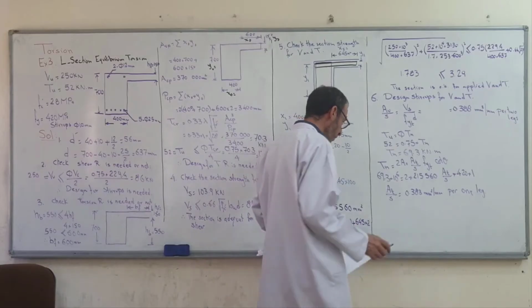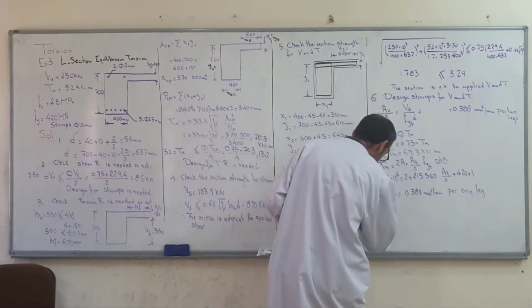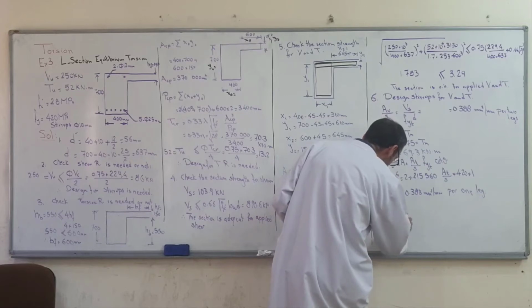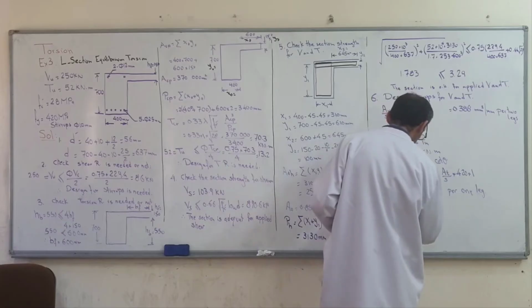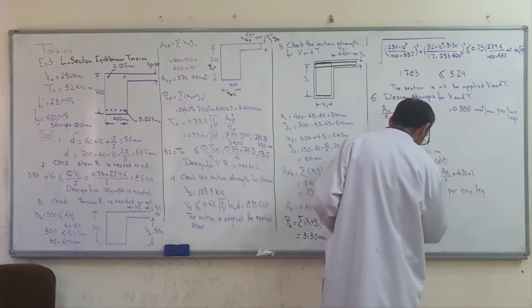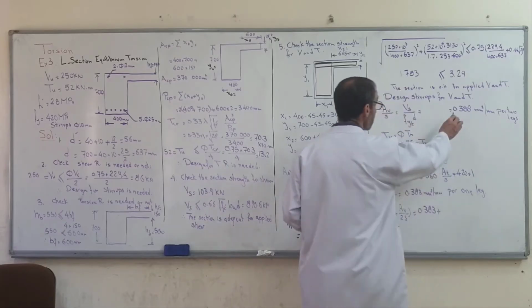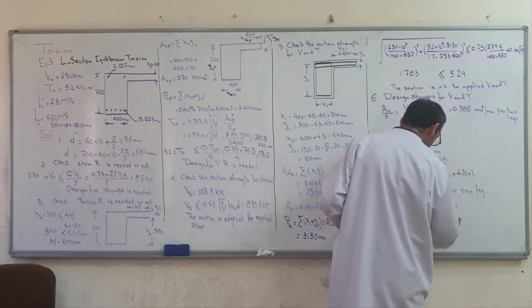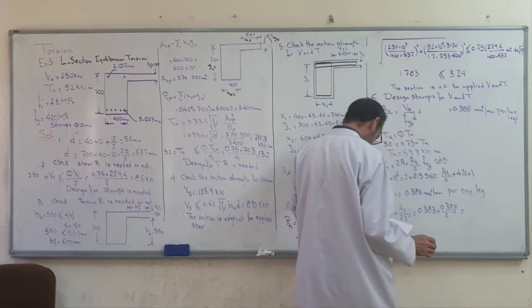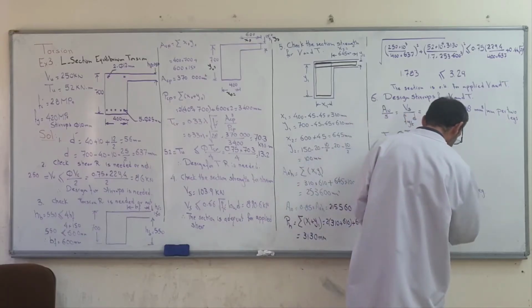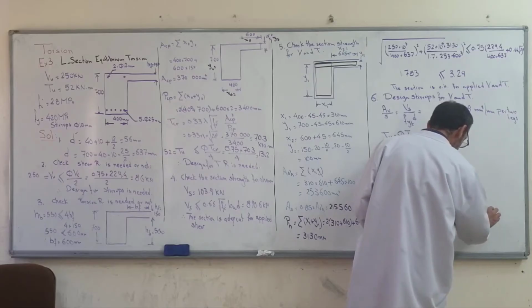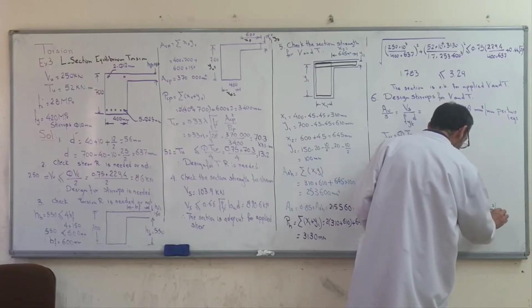Now the total for a stirrup: At over s plus Av over 2s is equal to 0.383 plus 0.388 over 2, and this is equal to 0.577 millimeter square per millimeter.